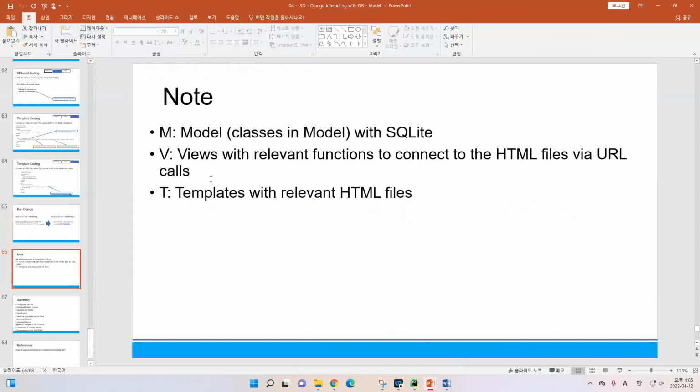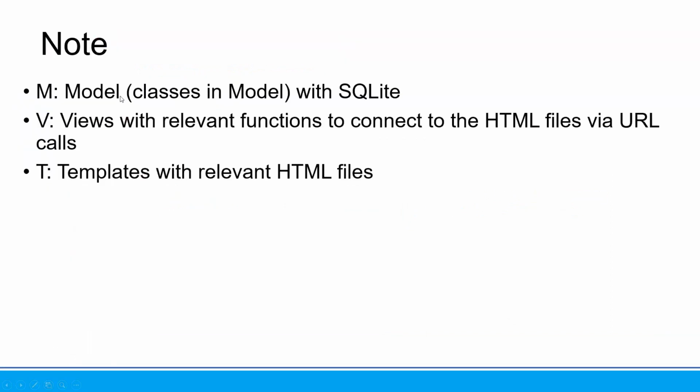In this case, we are using model. The model that we use here is the classes in the model with SQLite. And then views is with the relevant function to connect to HTML file via URL calls.